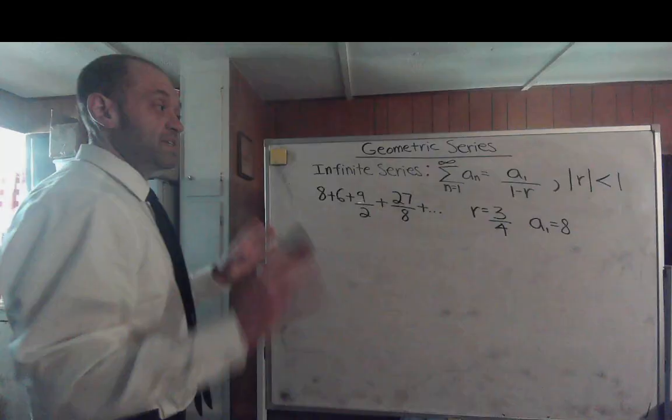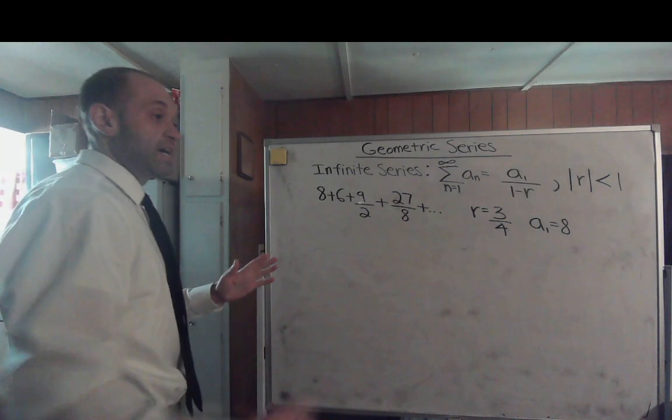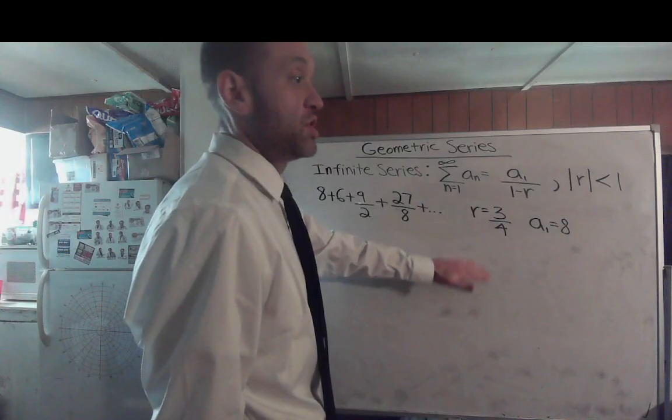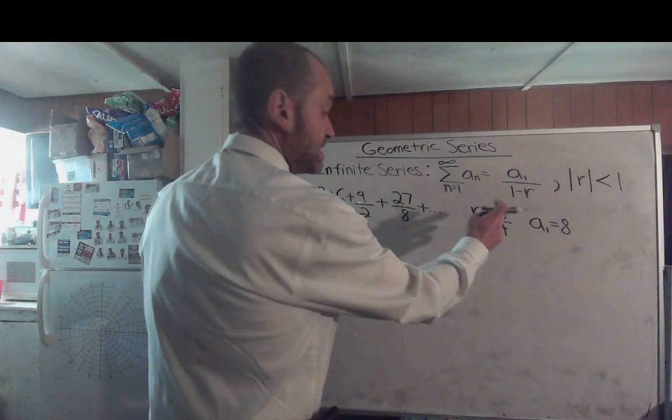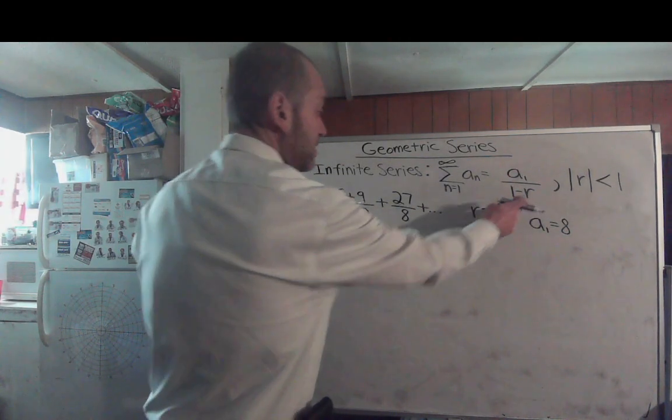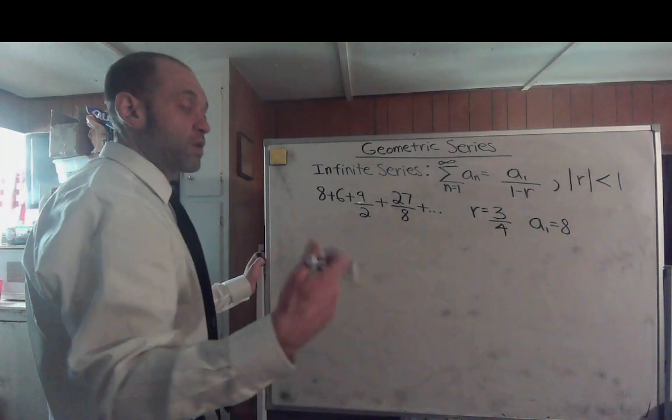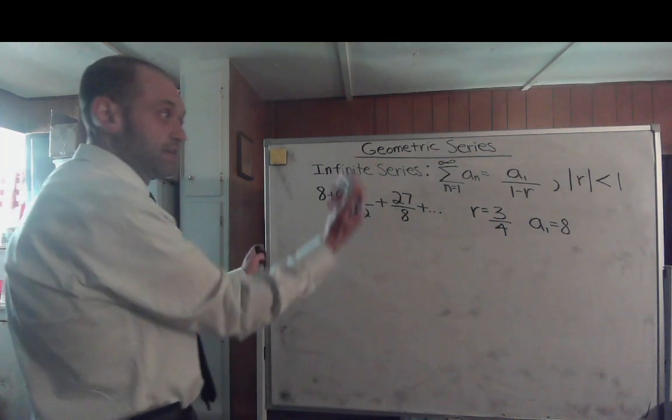The good news is, for an infinite series, we don't have to bother trying to convert this into sequence terms, because all we need to know are the a sub 1 and the r. We don't need to know the n, or how many terms, because this is an infinite series.